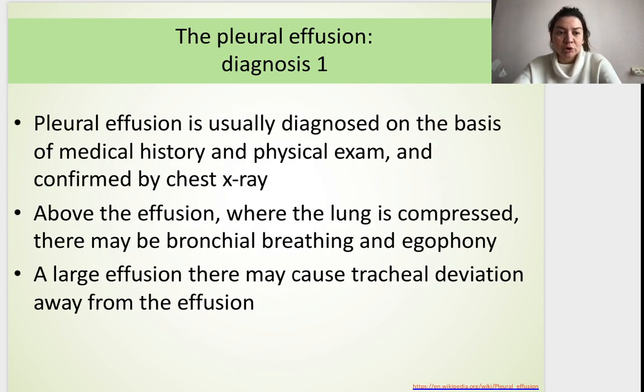Diagnosis of pleural effusion. Pleural effusion is usually diagnosed on the basis of medical history and physical exam and confirmed by chest X-ray. Above the effusion, where the lungs are compressed, there may be bronchial breathing and egophony. With a large effusion, there may be tracheal deviation away from the effusion.